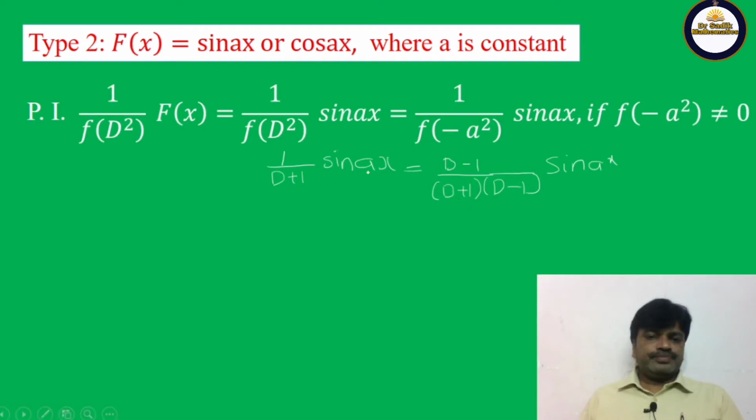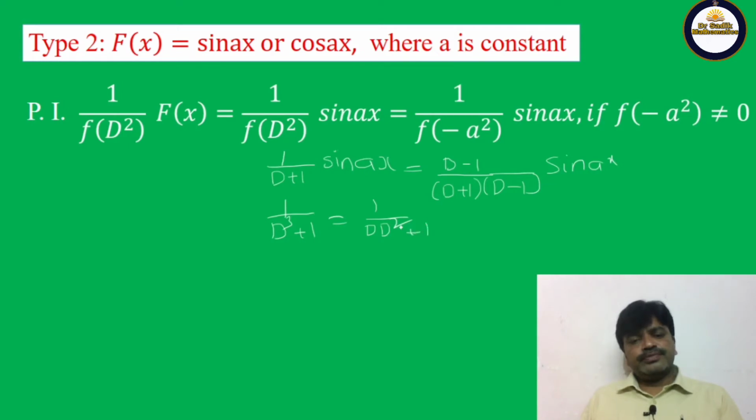Suppose there is a D³, friends, say D³ + 1. Then D³ can be written as D into D². If there is D⁴, it can be written as D² into D². D⁵ is D² into D² into D. In this way we apply the concept of sin ax.